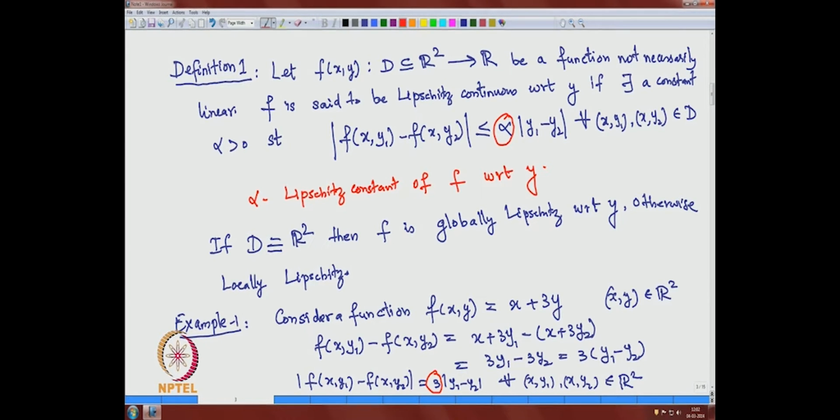So, therefore, this function f given by x plus 3y is Lipschitz with Lipschitz constant alpha equal to 3. And this Lipschitz continuity is global because it is true for all points x y1 and x y2. So, therefore, f is globally Lipschitz with respect to y.